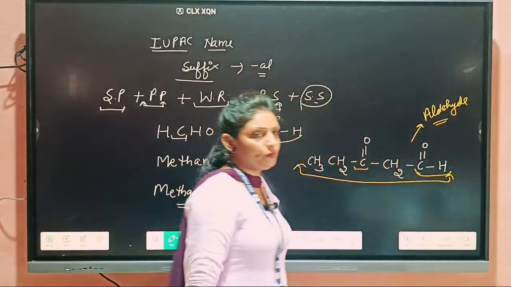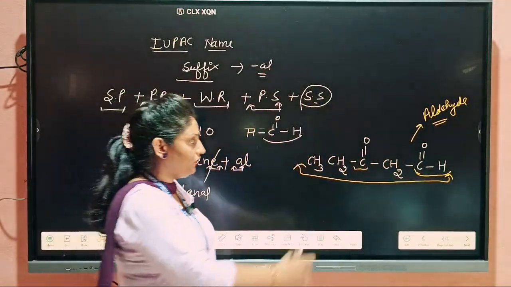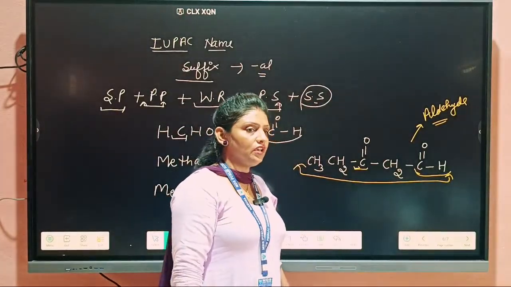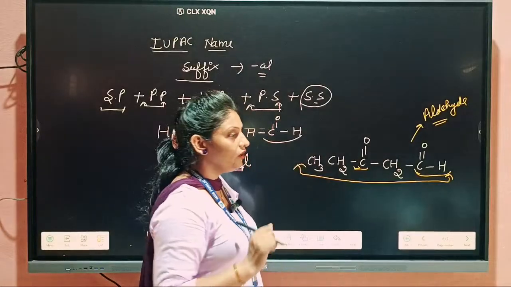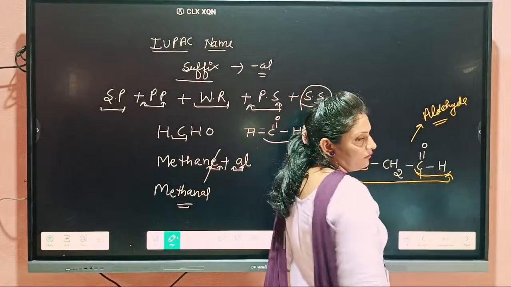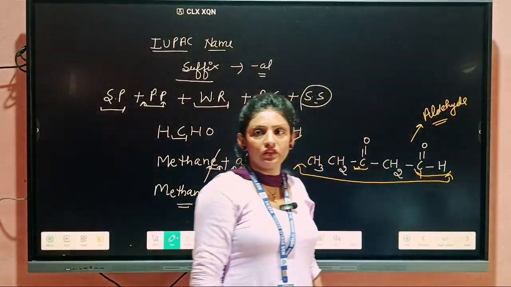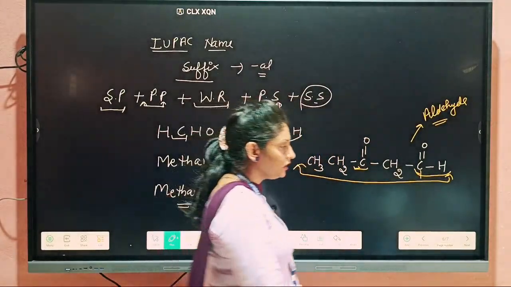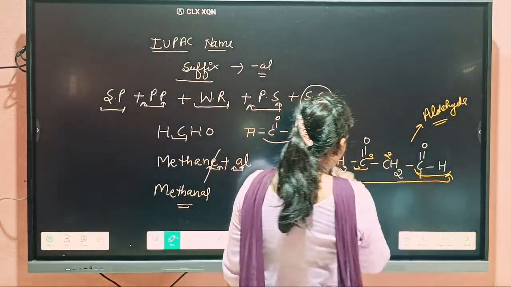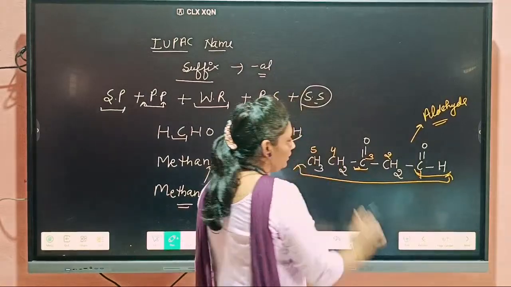So the second group you will consider as a prefix. You will start numbering from the carbon of the functional group, the carbon of the aldehyde group. You will start numbering from here: 1, 2, 3, 4, 5.